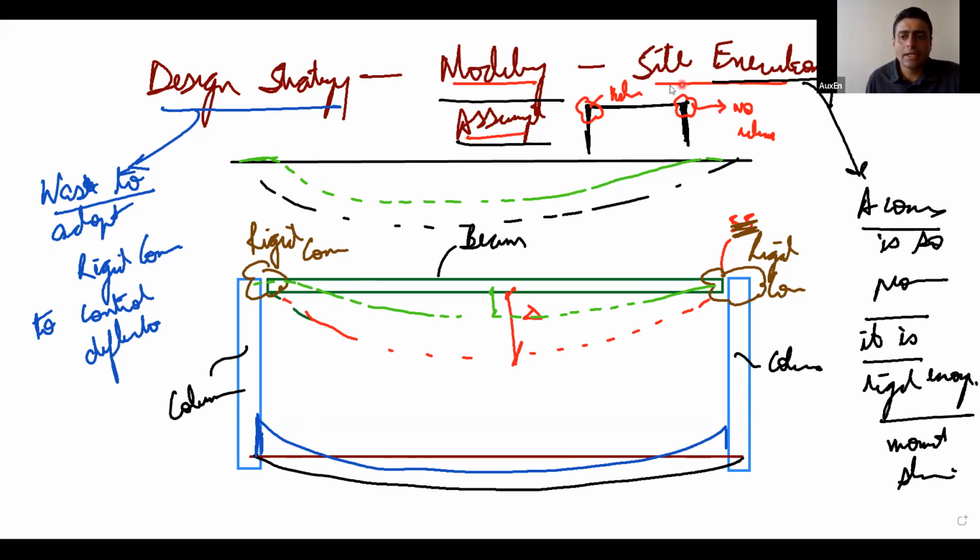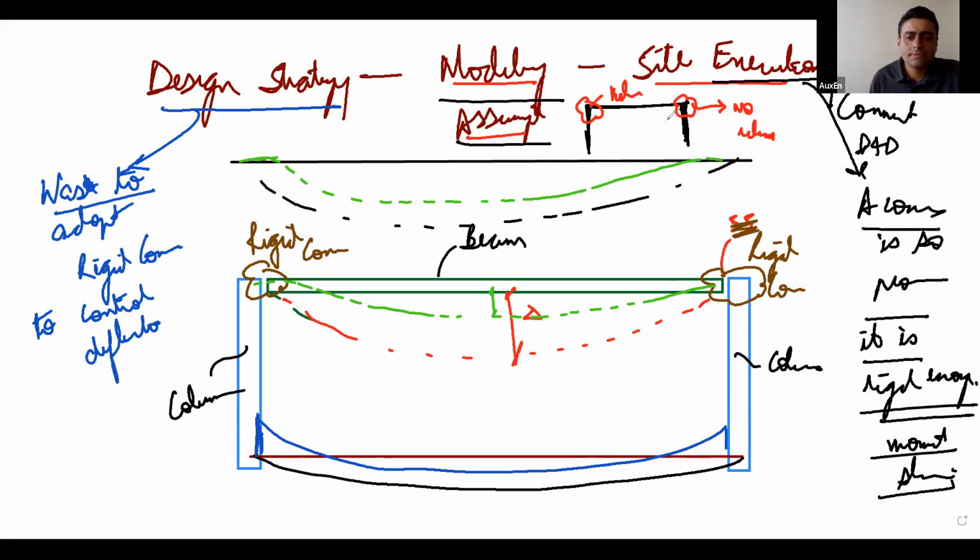And then before even site execution, during the connection design and detailing, you have to ensure that your connection is behaving rigid enough, is made rigid enough, is able to take the moments and shears. Do we get this much?